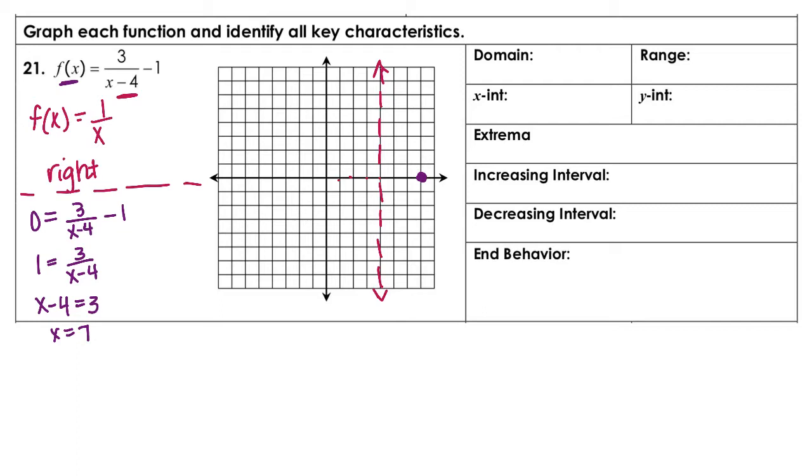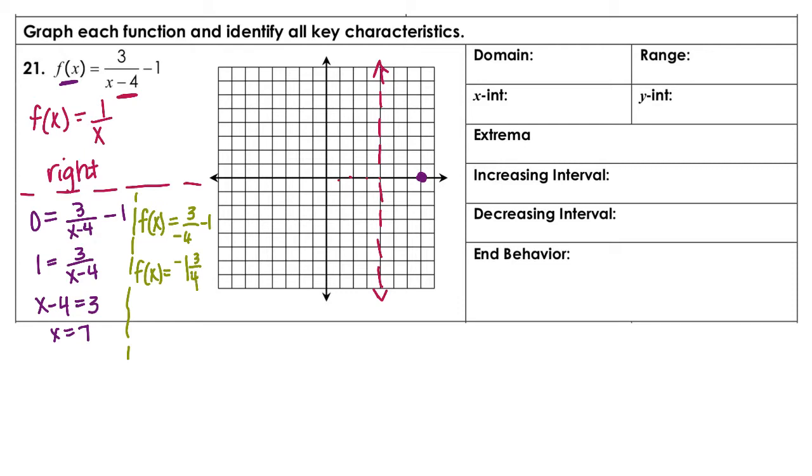And so now let's go look at our other intercept. And so for that one, we're going to let x be 0. And if we do that, then we have f of x, or y, is going to be equal to 3 over negative 4, minus 1. So f of x is going to be negative 1 3/4.